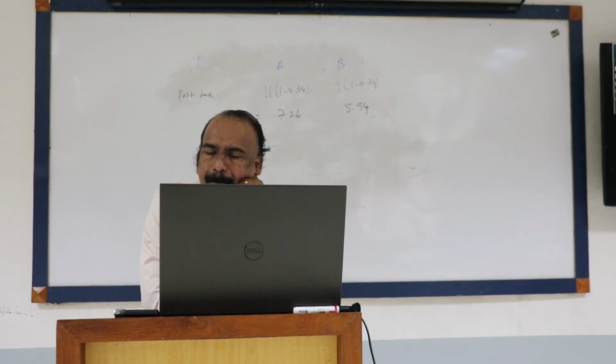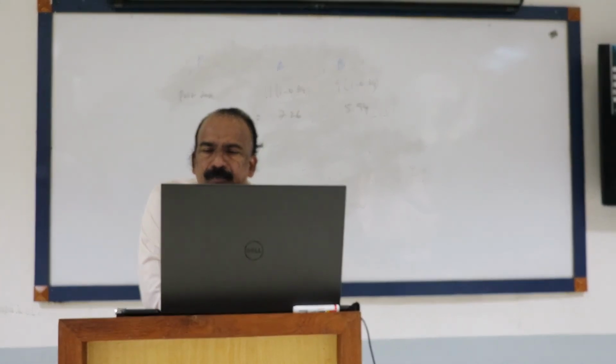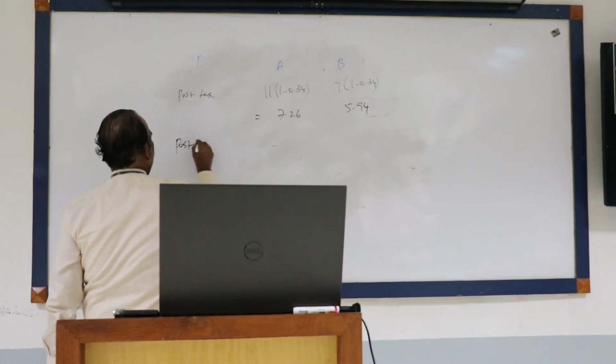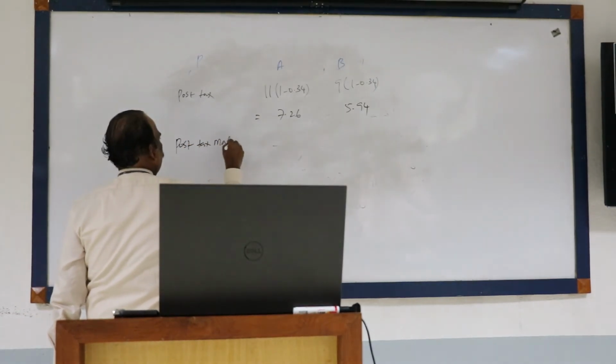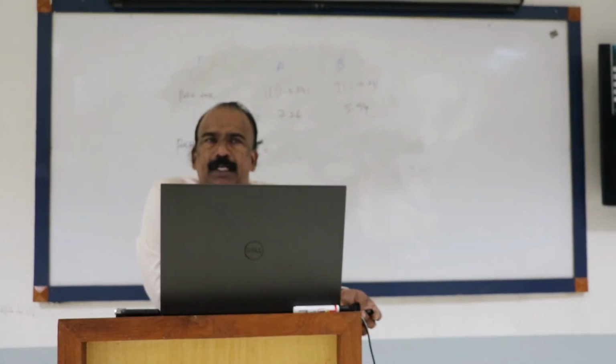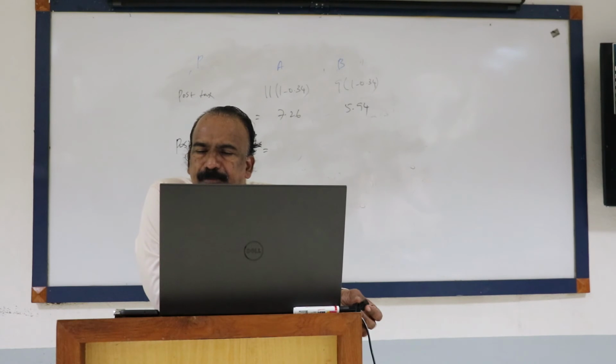All of you got it? Maturity value, post-tax maturity value. The capital gain tax is this: you bought it for 100, and the current price is 80.